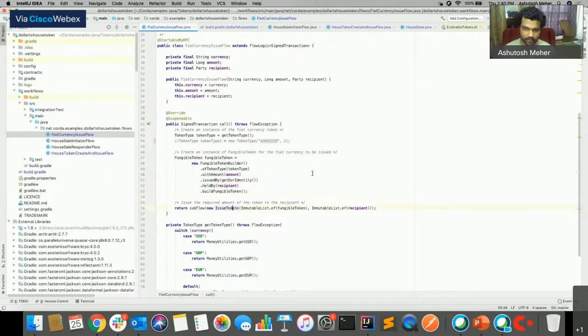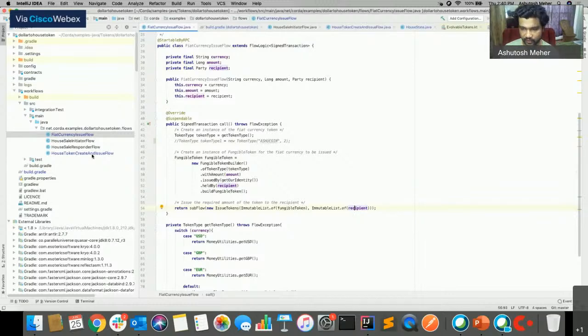Just call the issue tokens flow, which is again a part of the token SDK, and pass in your token and the recipient, and that will take care of all the underlying steps. And that's it. Your token will be issued, and you can see it in the ledgers of all the participants.